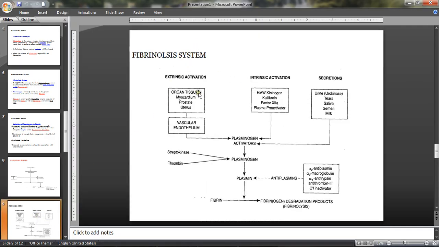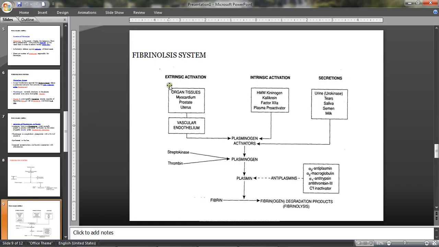In this flow diagram, you see how this fibrinolytic mechanism is activated, and there is the extrinsic activation, intrinsic activation, and activation through the secretions.